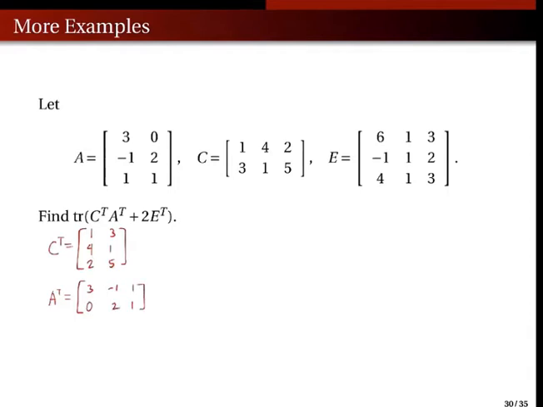And then we need C transpose A transpose. Will that make sense? Your C transpose size is 3 by 2, so 3 rows, 2 columns. And for the A transpose, you have 2 rows by 3 columns. So 3 by 2, 2 by 3. So the size of C transpose A transpose will be 3 by 3.